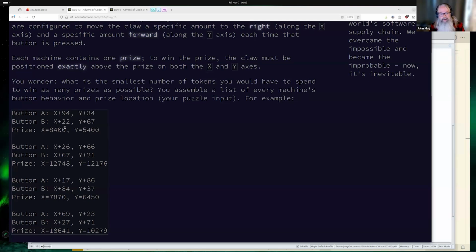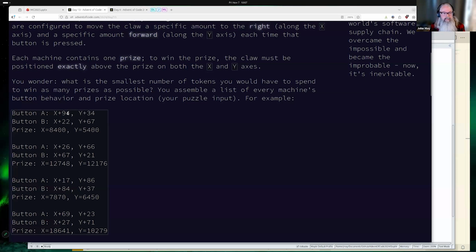So if you look at this, you want to take this many X, this many Y, and this many X and this many Y, and you want an unknown number of presses of A plus an unknown number of presses of B to equal this. So this is a linear equation. It's two linear equations.